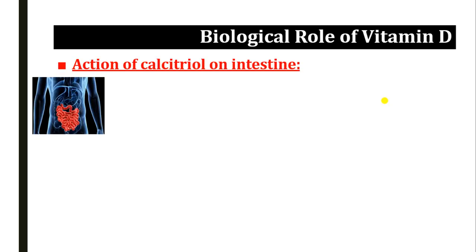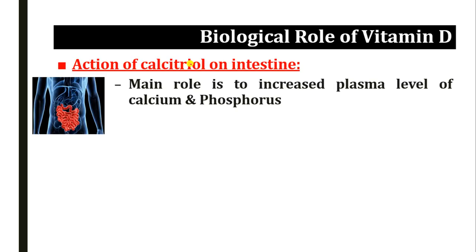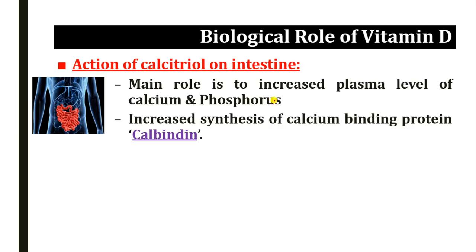Now, the action of this vitamin D, or the active form of vitamin D, that is calcitriol, on intestine. The main role of calcitriol is to increase plasma level of calcium and phosphorus, and it is done by increasing the synthesis of a particular protein, that is calcium binding protein calbindin. As we have seen in the mode of action, when it binds with the DNA, it causes de-repression and increases the transcription of gene, that is gene for calbindin protein.